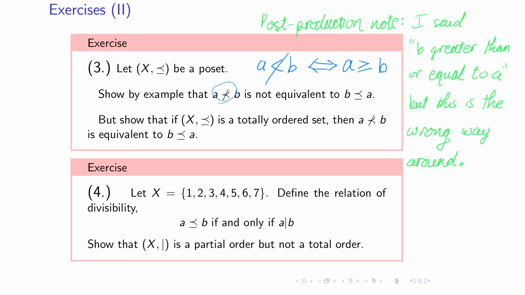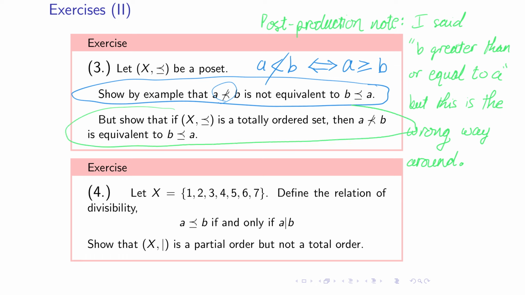The answer is no. But your exercise is to explain why not. Explain why it is not true in a general poset, but it is true in a general totally ordered set.